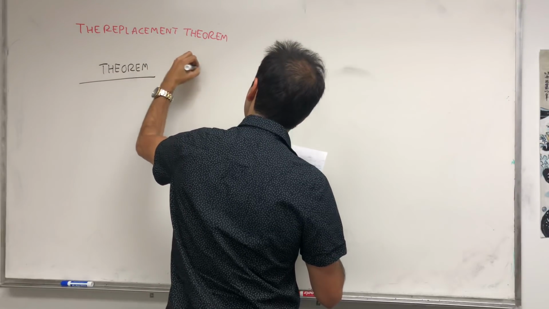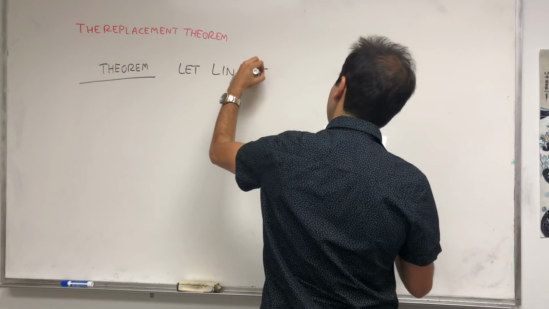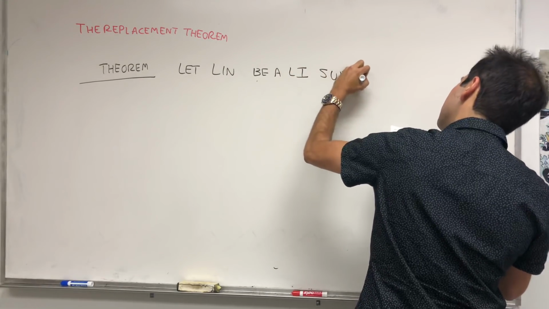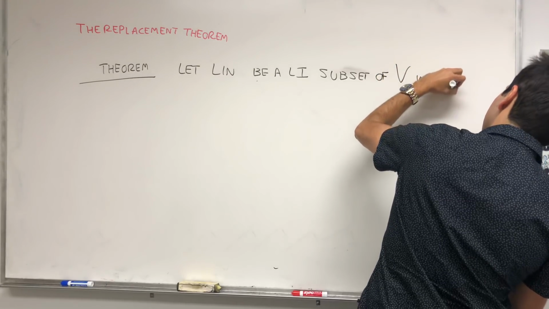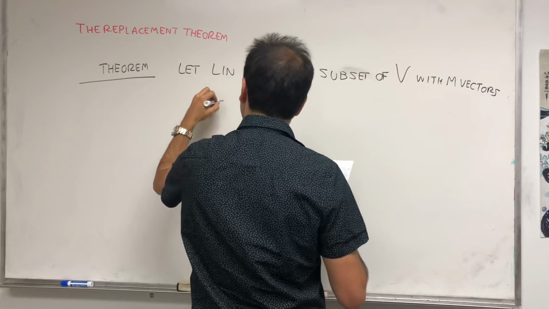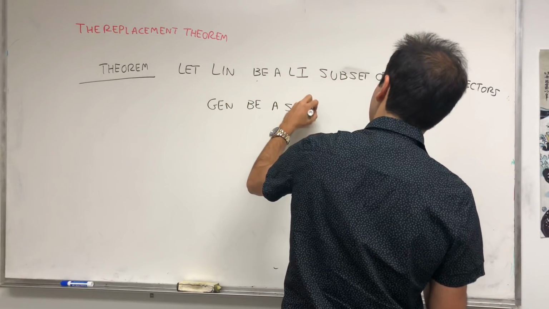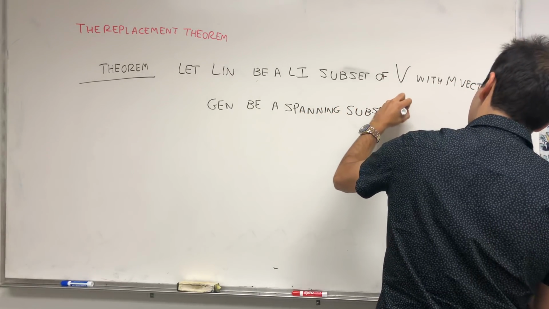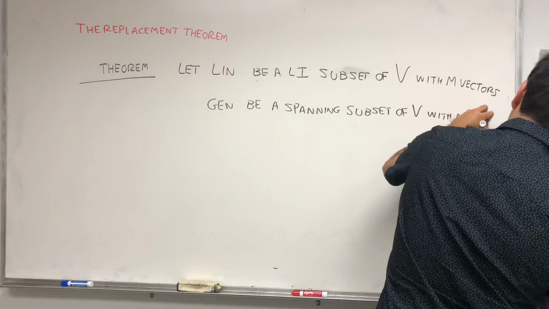Suppose you have a linearly independent subset of a vector space. So let lin be a linearly independent subset of V with m vectors, and gen be a spanning, or generating, subset of V with n vectors.